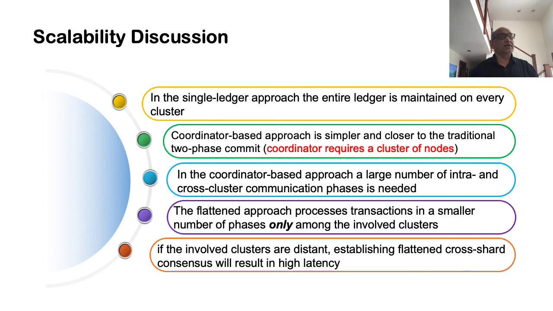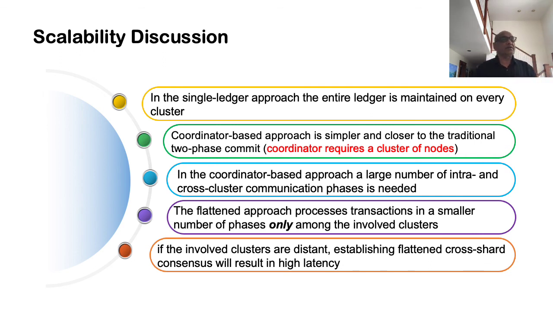If your transactions are confined within a cluster, you can scale the system. However, whenever you have cross-shard interactions, and you're bound to have them, you need some sort of coordination across different clusters.